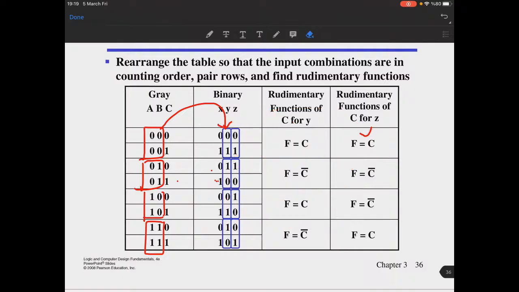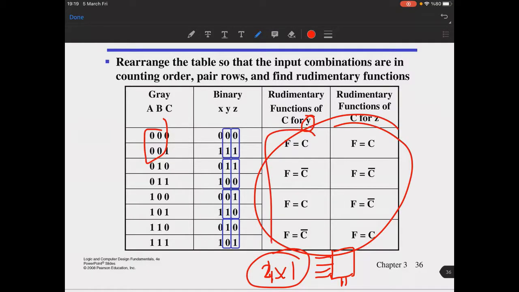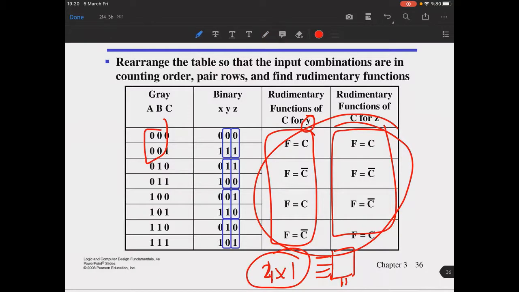So in the end, you have this set of inputs here. Now you can implement this with 4 by 1 multiplexers, right? Where you have 2 selection inputs here, A, B, and your 4 inputs for Y should be this column, and this column for the Z outputs.